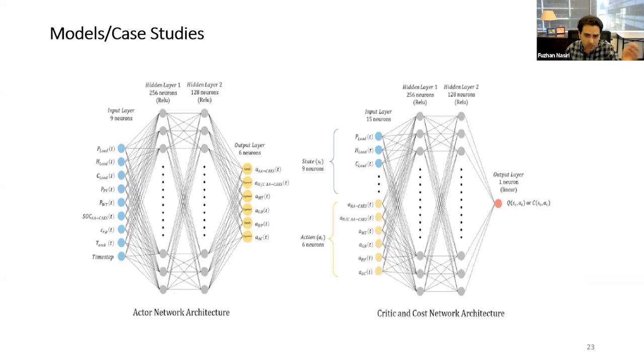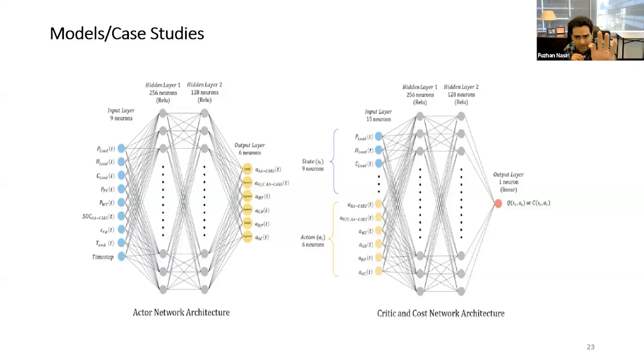So on the left, we're going to see the actor network. The state of the system, which are the blue dots, is going to have the transition into the decisions, the yellow ones, the actions.